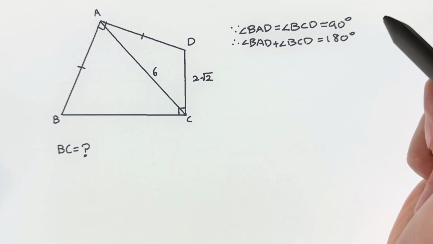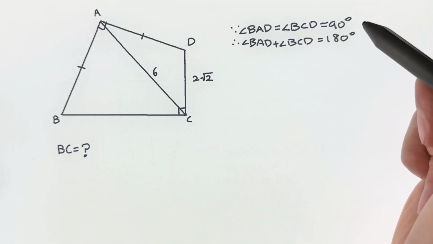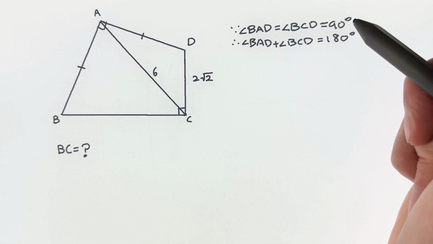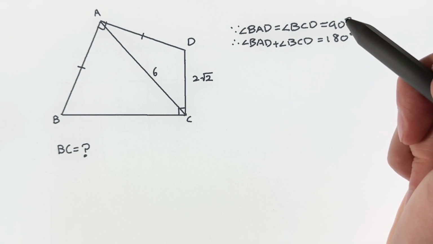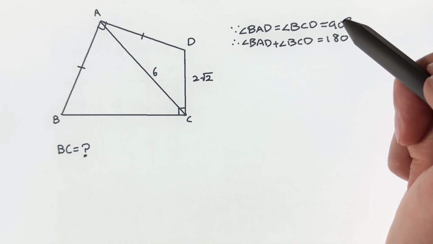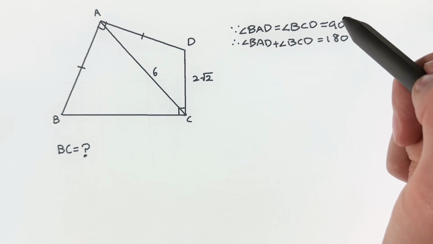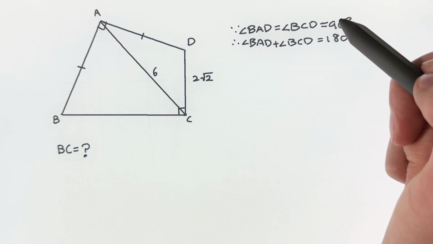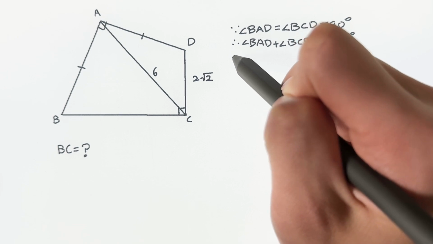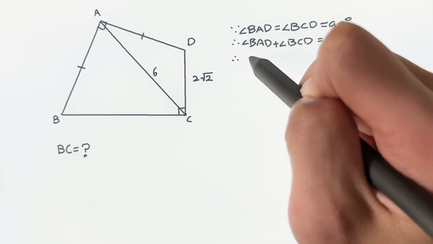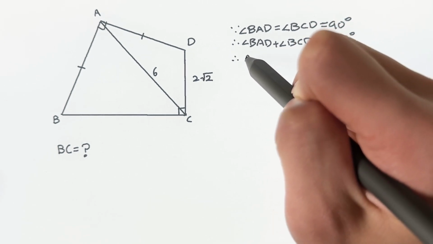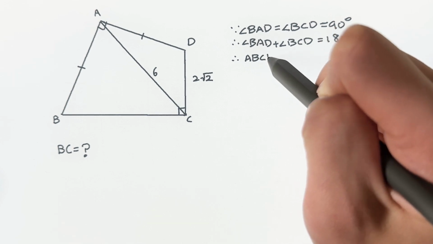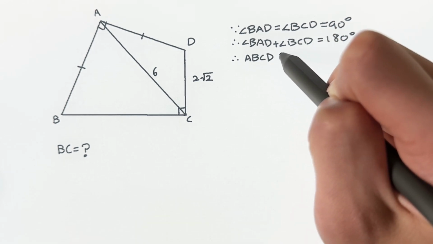This might seem obvious, but it's actually very important for this problem, because angle BAD and angle BCD are opposite angles in the quadrilateral ABCD. And if the opposite angles are supplementary in a quadrilateral, this means that the quadrilateral is a cyclic quadrilateral. There are various properties of cyclic quadrilaterals that we can use.